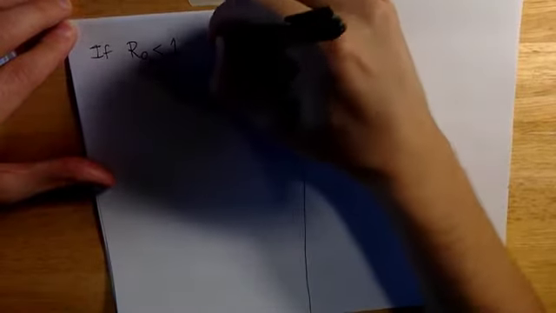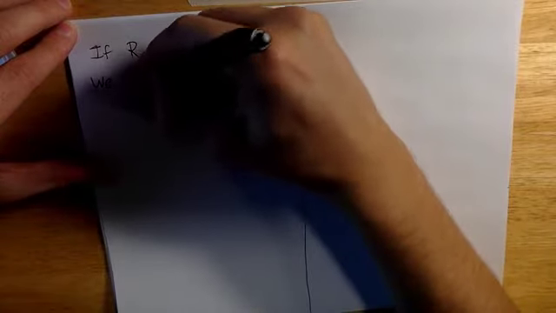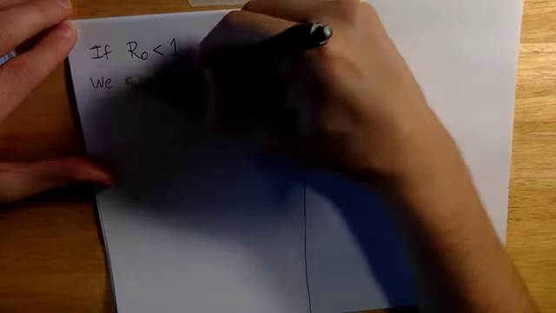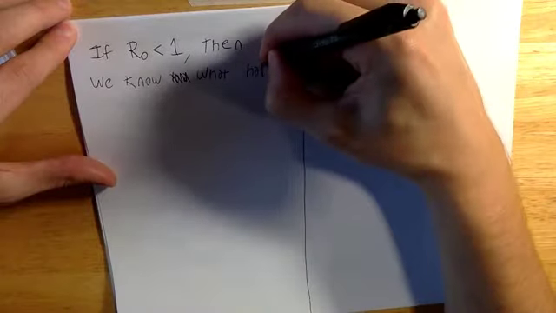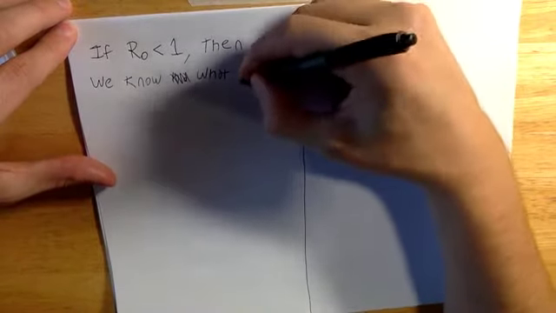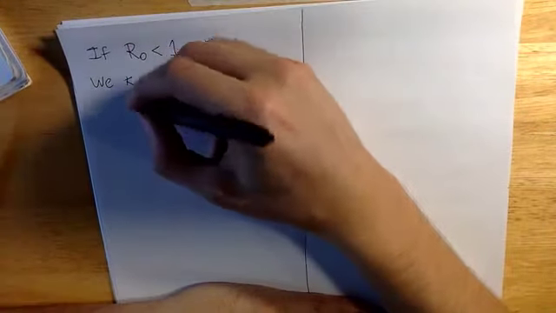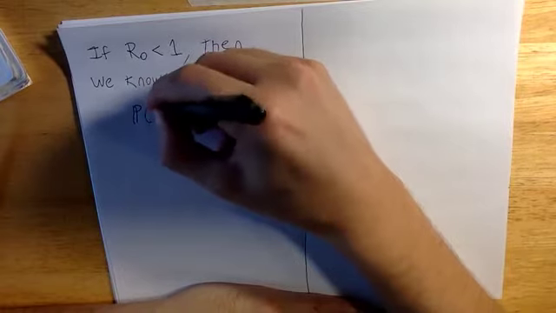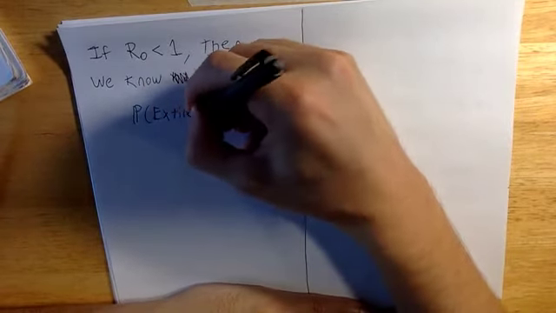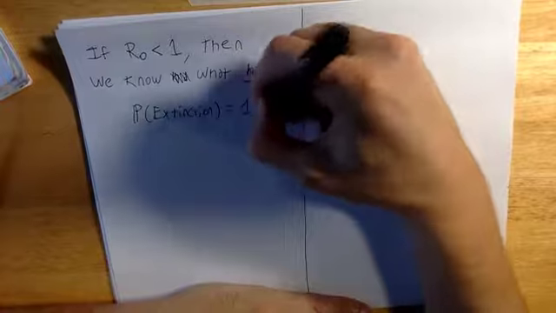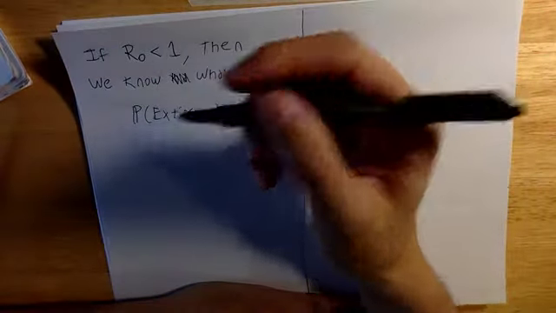So the question now remains: if R0 is less than 1, then we know what happens. The probability of extinction is equal to 1.